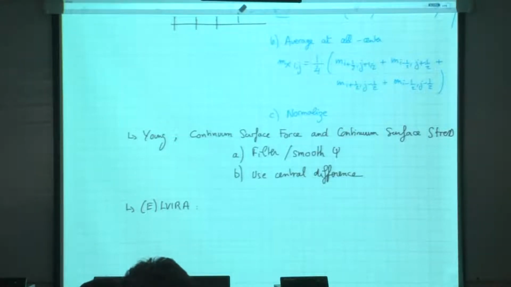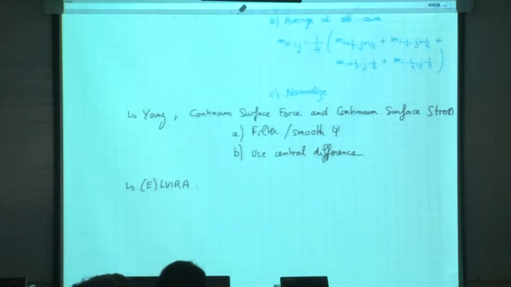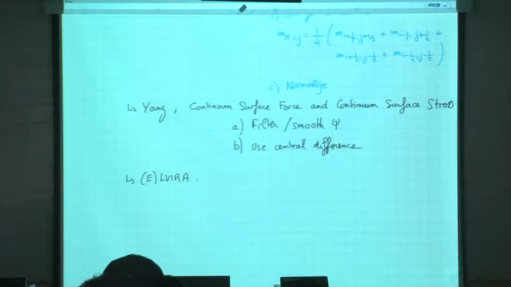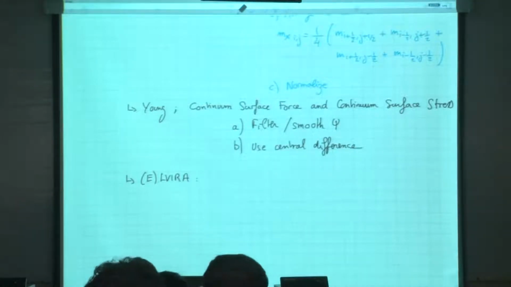We'll talk about the so-called Elvira, or also known, there's a variant of that known as E-Elvira. Those methods solve the problem of optimally fitting our interface with a plane from the perspective of a zoomed out bigger region.